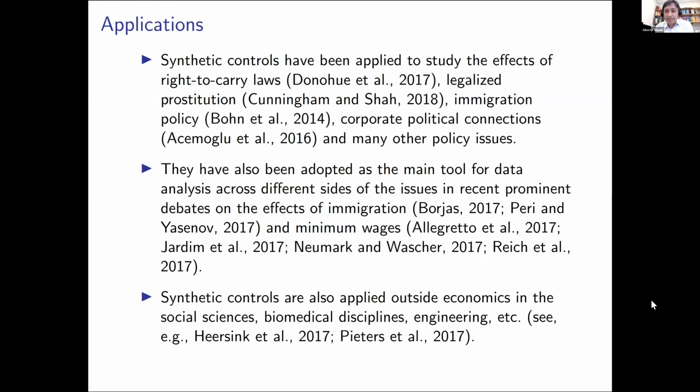Synthetic controls have been applied to study a variety of problems empirically, from immigration policy to the effect of corporate political connections. They have been adopted as the main tool for data analysis across different sides of prominent policy debates on immigration and minimum wages.